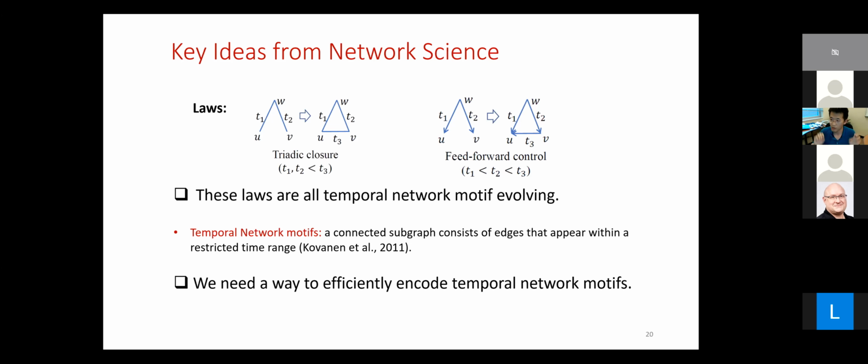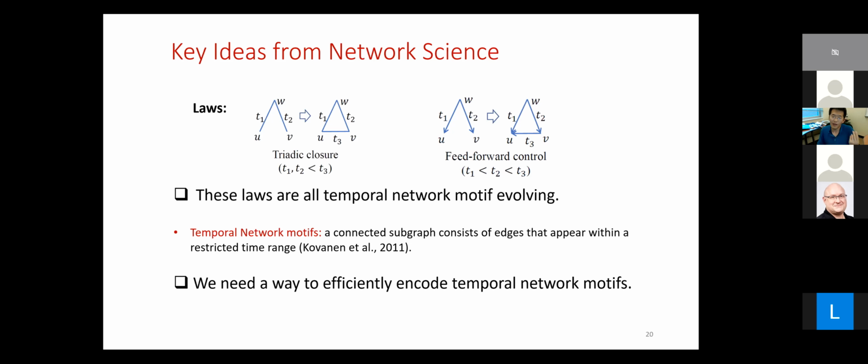If some audience members are not familiar with them, temporal networks are connected subgraphs consisting of edges that appear within a restricted time range. You can view it like a subgraph pattern in the temporal graph.